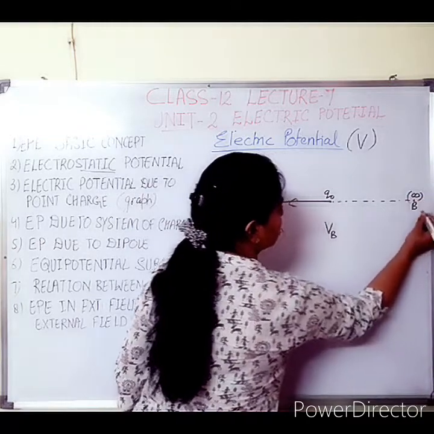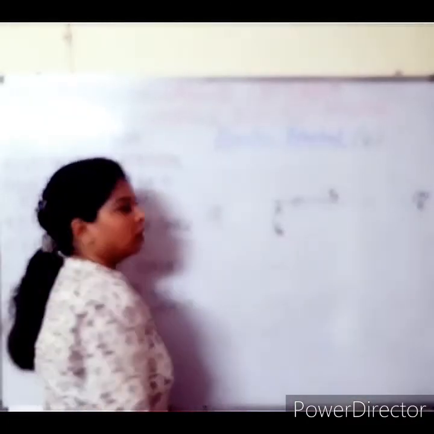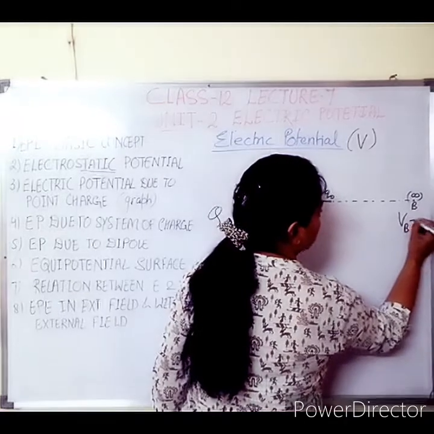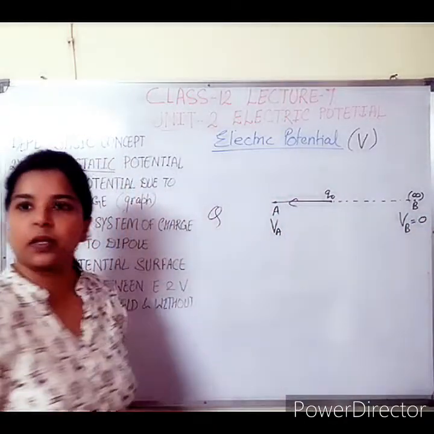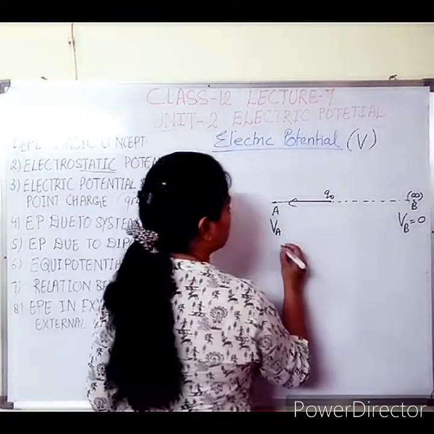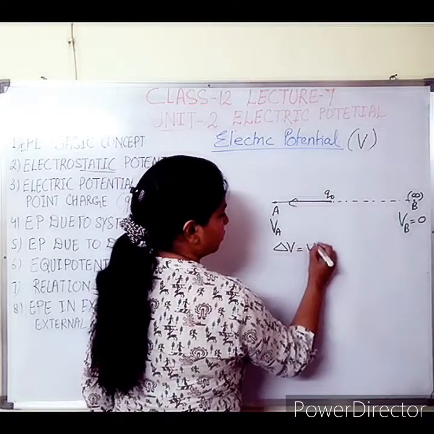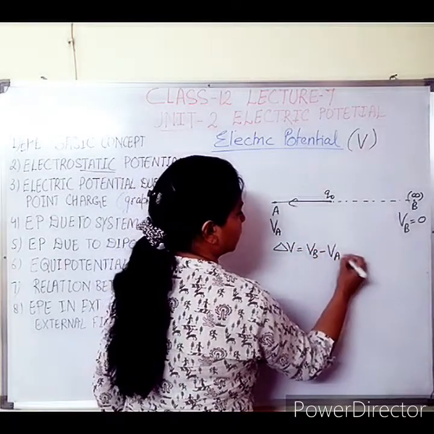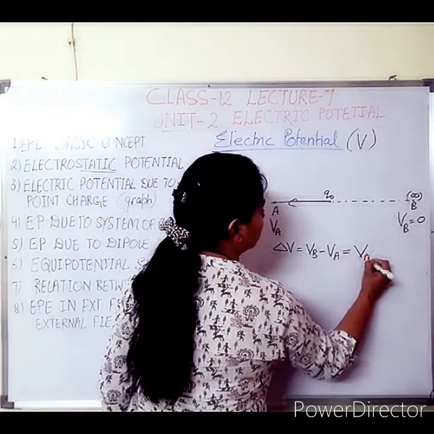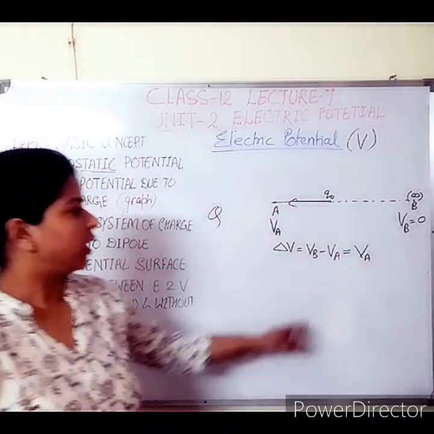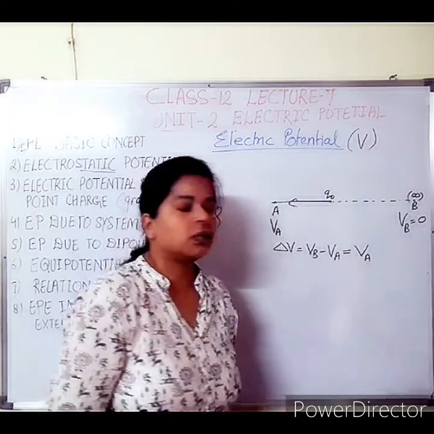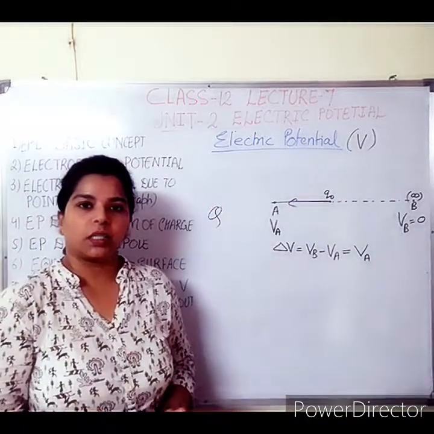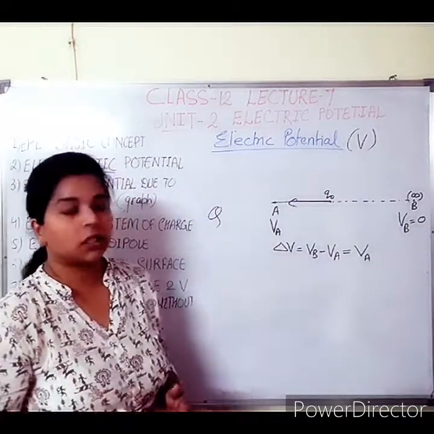It is shown that potential at infinity is equal to 0. Then the potential difference delta V, which is equal to VB minus VA, is equal to only minus VA, the potential at A. So that is the basic difference between electrostatic potential and electrostatic potential difference.